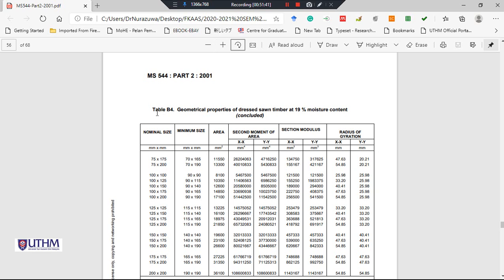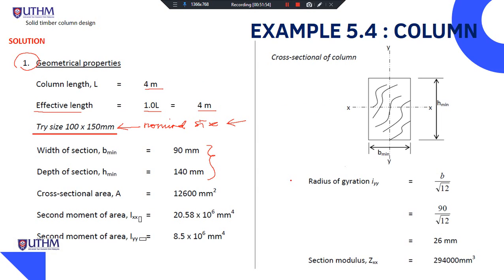Here is our nominal size, and here is the minimum size. The cross-sectional area based on this minimum size is 12,600 millimeter square, so B multiplied with H, 90 multiplied with 140.